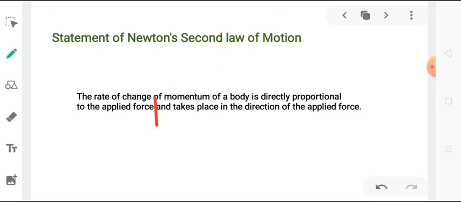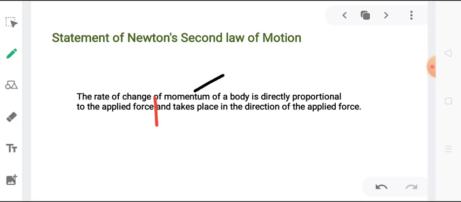Whatever force is applied to any object, that force always tends to bring about a change in the state of the object. That is something that we have already discussed about the effects of force. So when a force is applied on any object, it will try to bring about a change in state. Now change in state may be change in state of motion. Like if the object was moving with some velocity, on application of force, either there may be some increase in velocity or decrease in velocity.